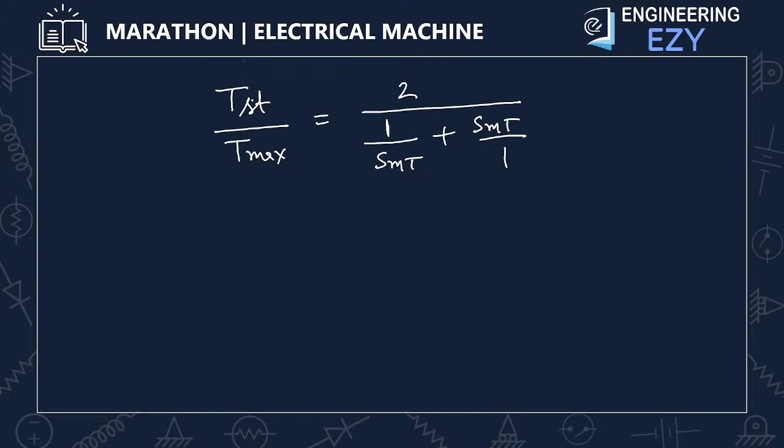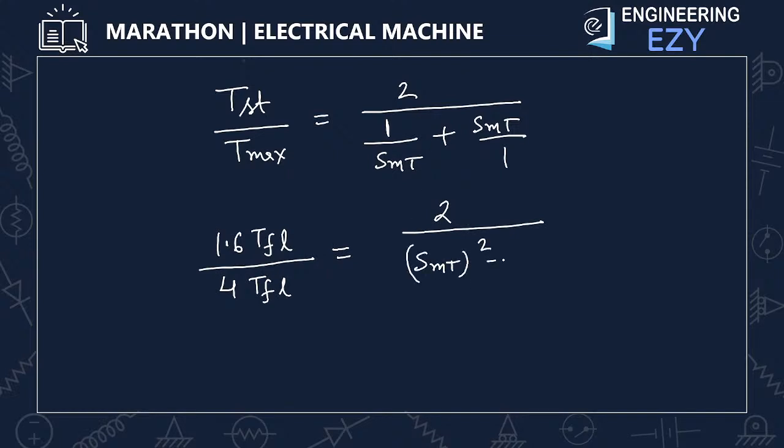So if you use Tstarting as 1.6 times TFL and Tmax as 4 times TFL, it is equal to 2 upon SMT, which we have to calculate. So it is so easy: SMT whole square plus 1 into SMT.